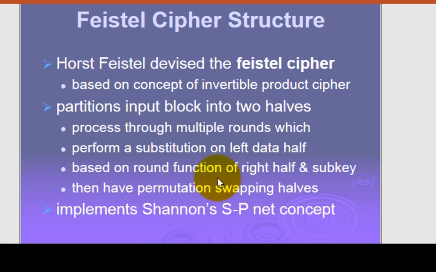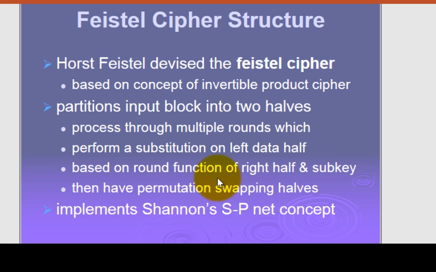It also uses a key, a round key. For each round a subkey is used. With the combination of subkey and the right half data, you generate the round function, and that is exclusive ORed with the left half data. After combining, the data is swapped to the right side for the next round. This process is followed for 16 rounds, whatever the specified number of rounds may be.